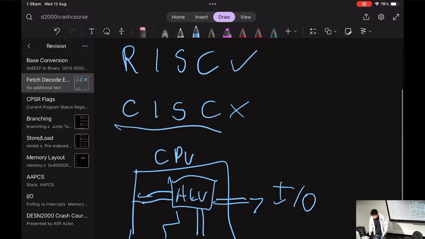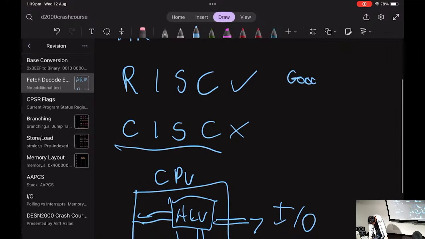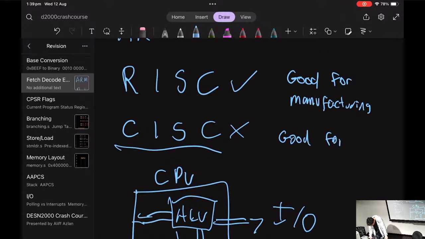It's the trade-off: it's good for manufacturing here, while for CISC, it's better for programmers or developers because they have more to work with.